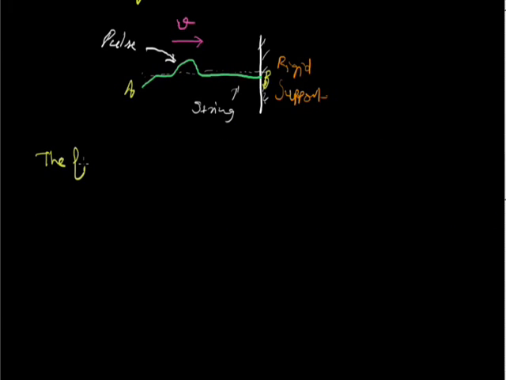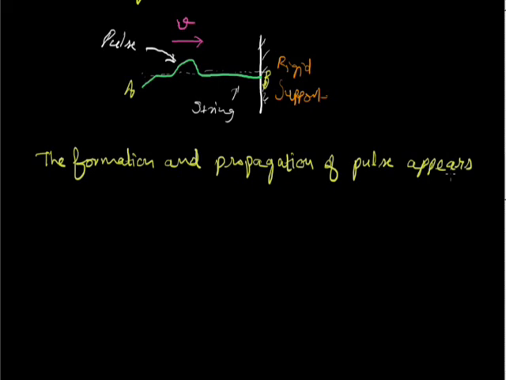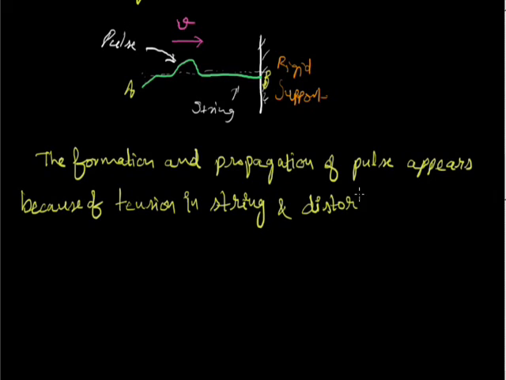The formation and propagation of the pulse appears because of tension in the string and distortion in the shape of the string.